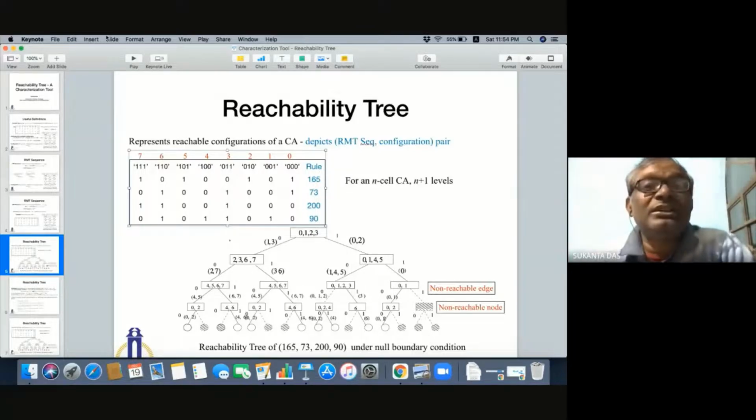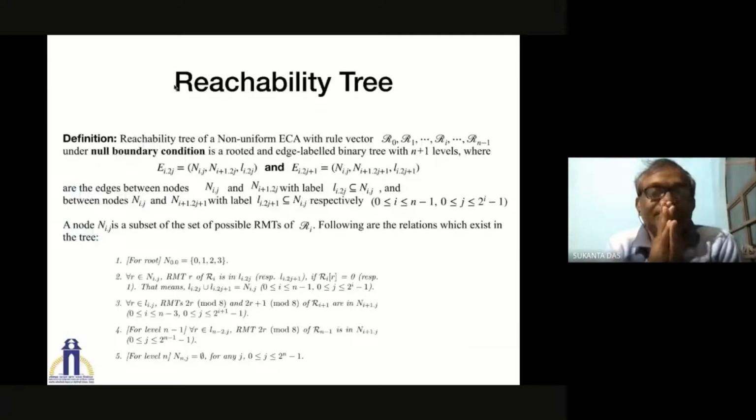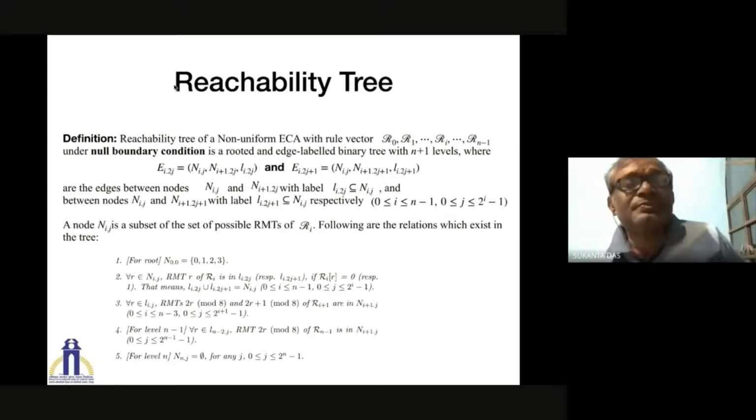Okay, let us go to the formal definition of this one. This is a formal definition. It looks a bit complicated, but as I've explained, it's not so complicated. Definition: a reachability tree of the boundary from ECA with rule vector R0, R1, up to Ri minus 1 under null boundary condition. Oh, I forgot to put a bar here.